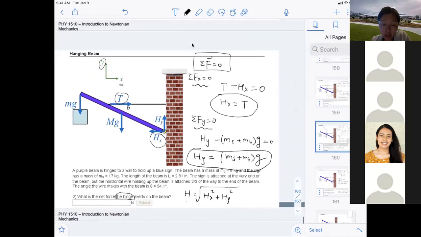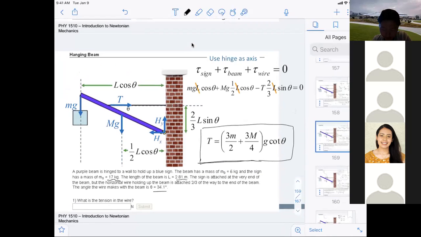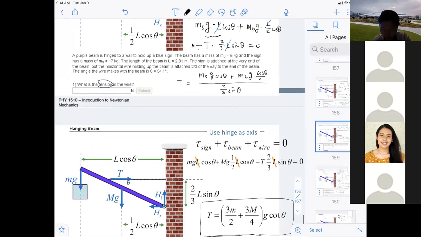This is just me writing out the process. No, it was for the tension. Oh, here? One more. Yeah, thank you. Okay. All right. Can I move on now?